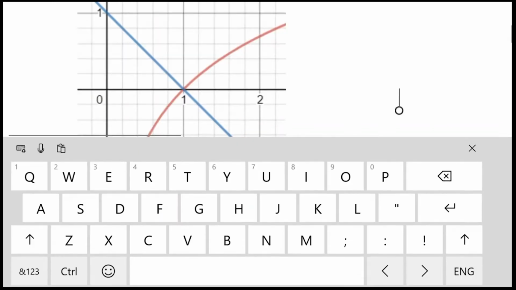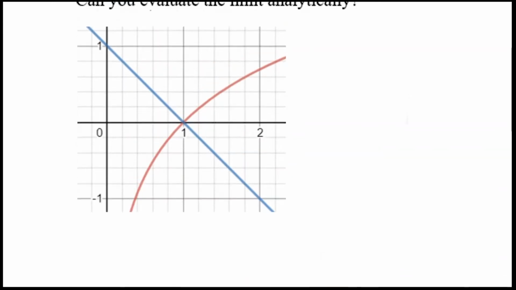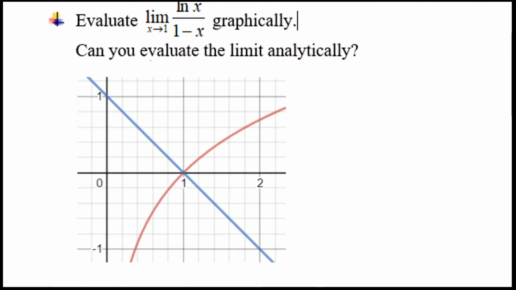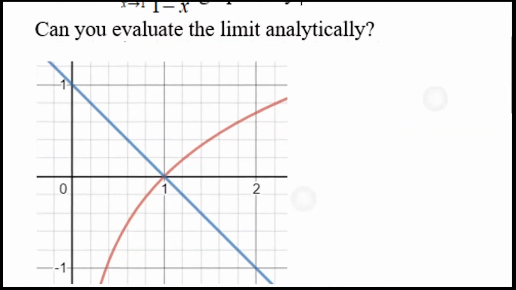So when we take a limit, the limit is when x is approaching 1 but not equal to 1, right? Let's just take a right limit to make a point. There's a hole here, we cannot be at 1, but say we are slightly off.